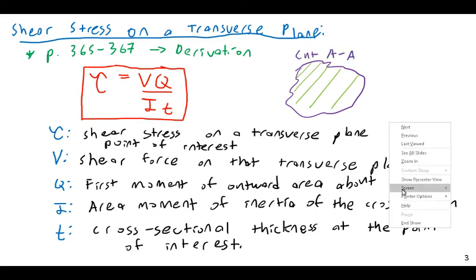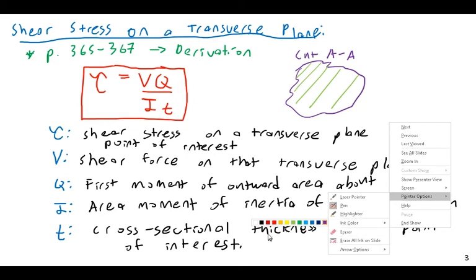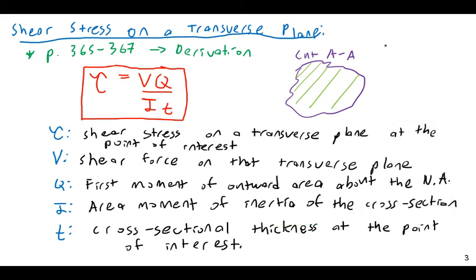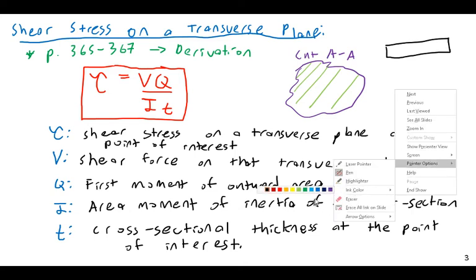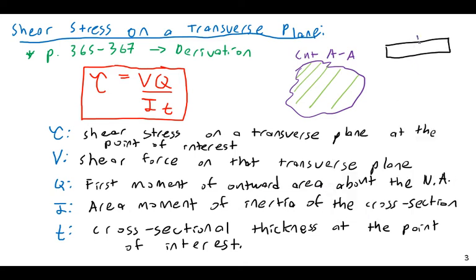If I have a beam, and let me draw an arbitrary beam here, this would be the transverse plane I'm talking about. This would be cut A looking to the left or to the right. We're cutting it right through the beam and looking at the cross section, and this is what we see.